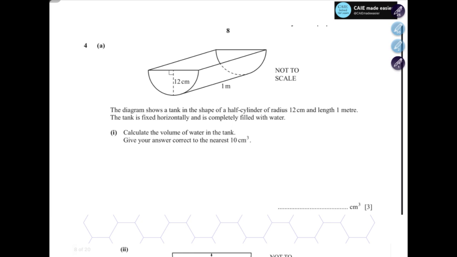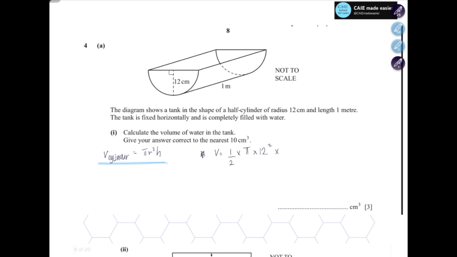Now, in order to do that, you first need to find the volume of a cylinder and then divide it by 2. So the volume of a cylinder is going to be pi r squared h. Remember to learn this formula, it's an important formula. So here the volume is going to be half, because we're halving it, multiplied by pi times the radius 12 squared times the length.